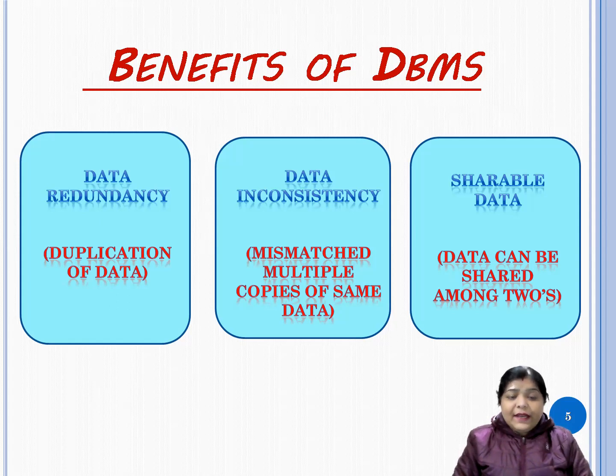Okay. Second is data inconsistency. So what is that? It means a mismatch among multiple copies of the same data. For example, I put the entry of one student in one register. Next time I'm not the teacher of that class, and another teacher who is the class teacher changes the data in her register.